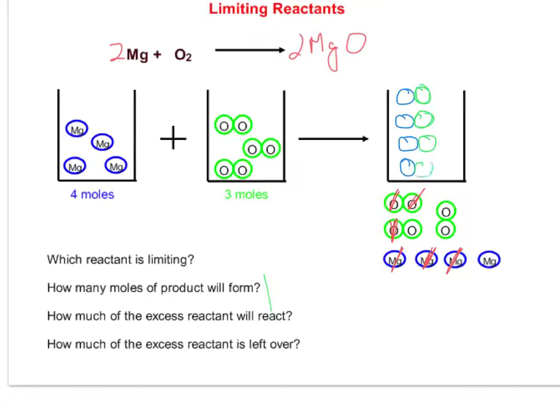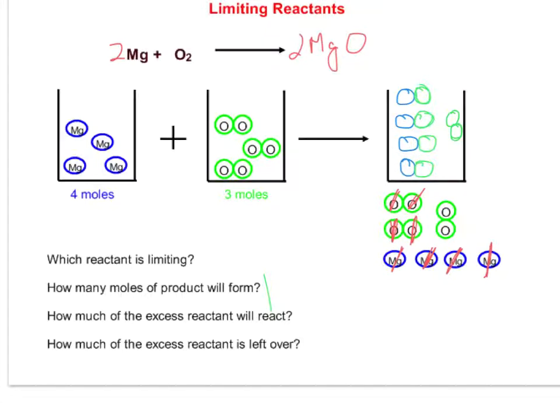And you keep going until one of your reactants runs out. So now we use this one and this one. And now our magnesium is all used up, but we have extra oxygen that we didn't use. So this oxygen is basically left over still as O2, but my magnesium ran out.